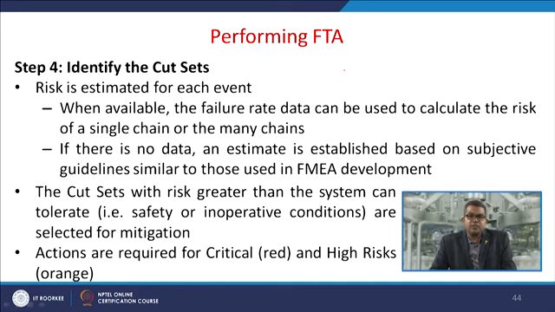Now, the cut sets with a risk greater than the system can tolerate, that is, the safety or inoperative conditions, are selected for mitigation. So, actions are required for the critical, that is the red one, and the high risk, which we have already discussed with respect to the orange color.